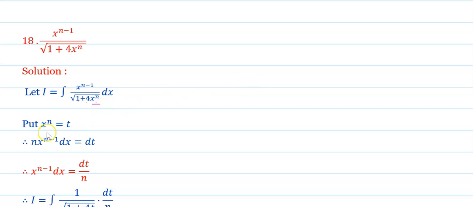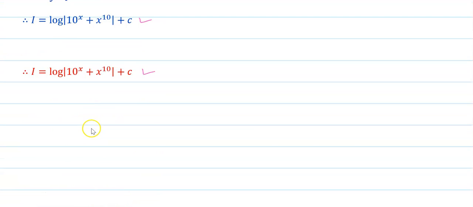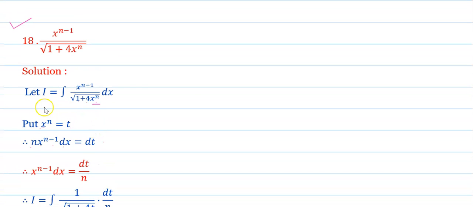Now here we have x raised to n, that is t. Then its derivative is n into x raised to n minus 1 into dx is equal to dt. This problem is also easy, just like the previous one. With simple observation you can notice it. So x raised to n minus 1 into dx is equal to dt upon n. We got the value of x raised to n minus 1 into dx, which is dt upon n.